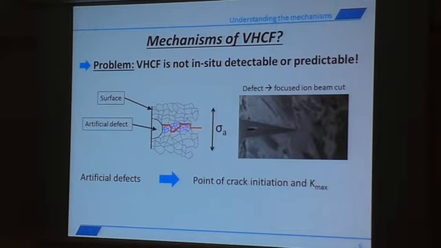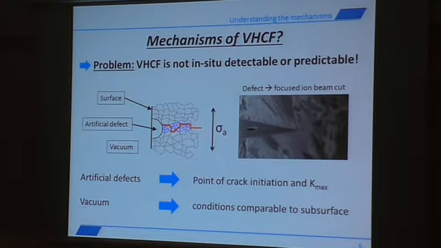That gives us good options for the testing. If we now perform these tests in ultra-high vacuum, we can simulate the conditions we have in subsurface failure, and by this simulate the failure mechanisms we observe at subsurface failure.